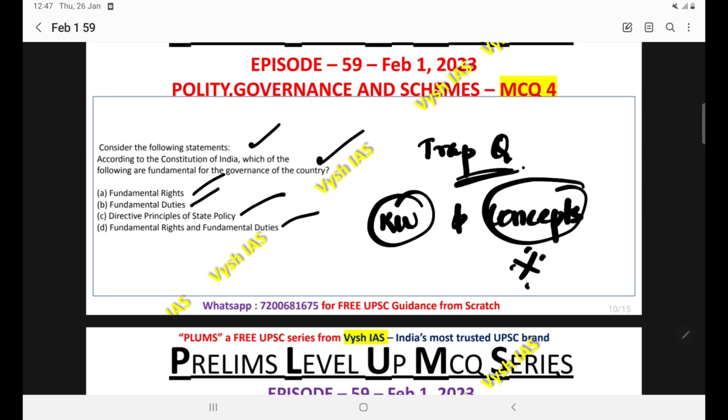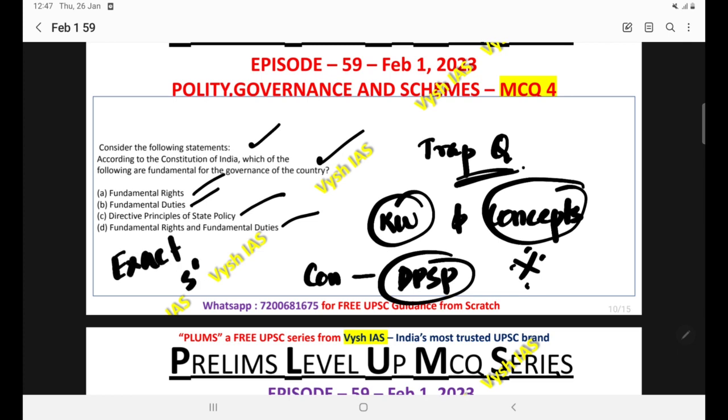In this question, note the point: the Constitution itself declares that the directive principles of state policy are fundamental to the governance of the country. So in the Constitution itself, it is stated like that. You should not commit a mistake by picking option A, fundamental rights, simply because the question is asking about fundamental. Since the word fundamental is there, we can go with fundamental rights, that is not the way.